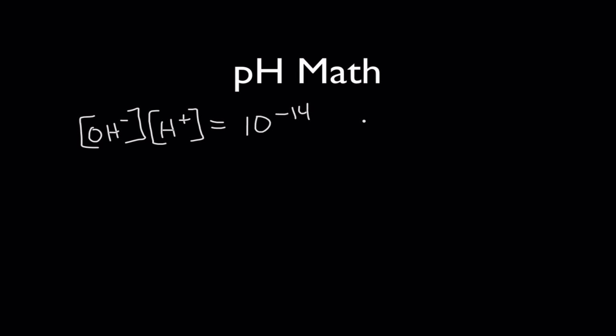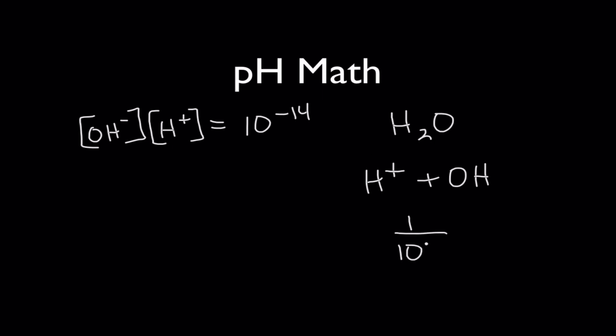Basically, pure distilled water will break down into hydrogen ions and hydroxide ions. This is called dissociation. This happens at a very, very small rate, only 1 over 10 to the 14th, which is 10 with a lot of zeros. It's a very rare event.